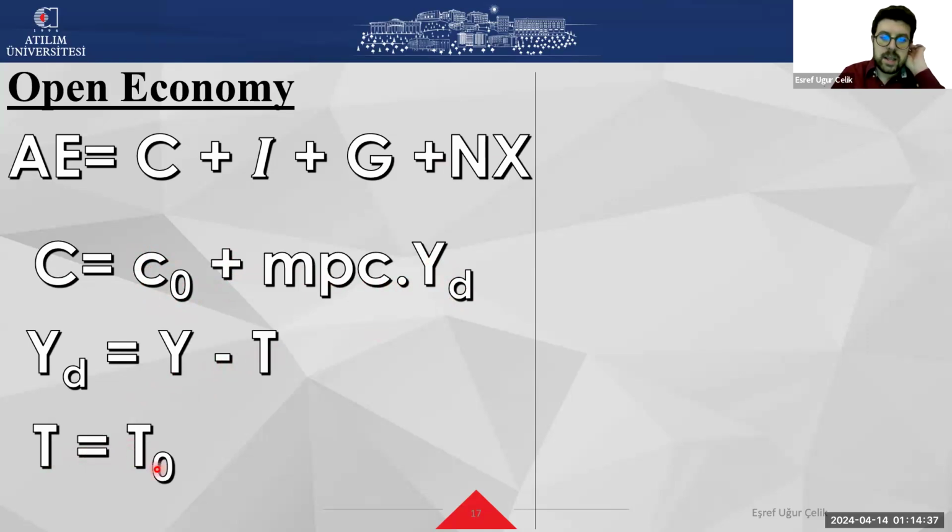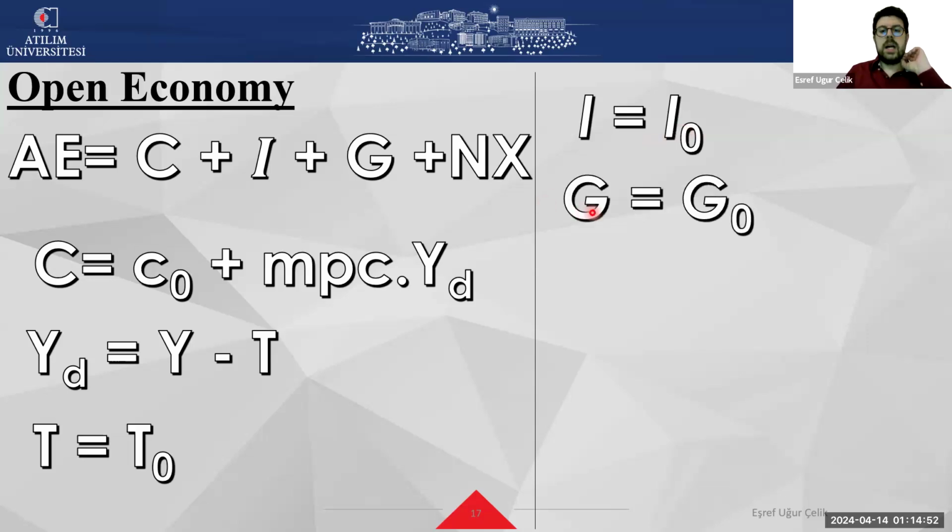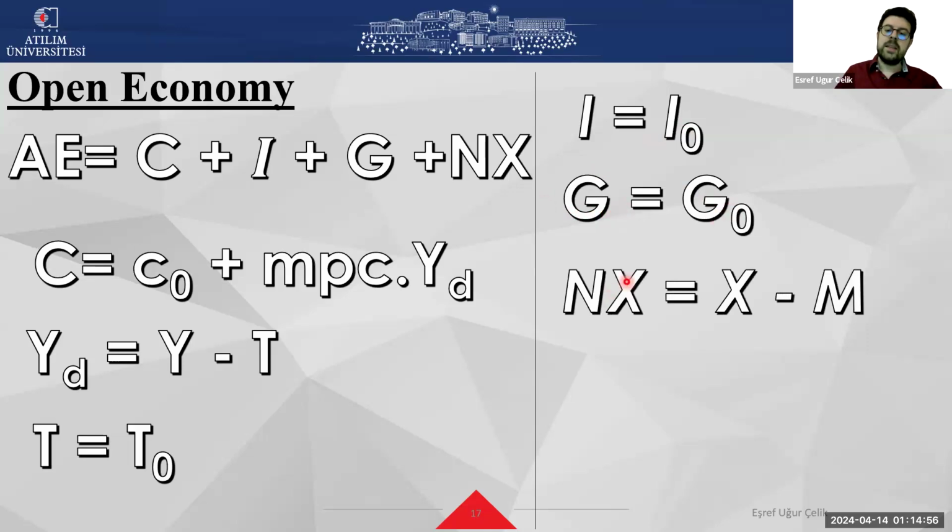Autonomous means fixed value. It cannot be affected by the changes of the dependent variable. Planned investment is also autonomous. Government expenditure also autonomous. And net export is equal to export minus import. And export is autonomous.